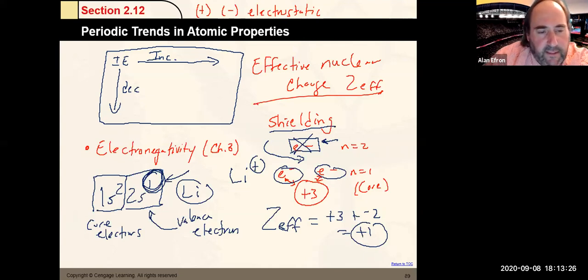Yeah, so typically it's usually those valence electrons that are being shielded. In reality, the ones below it are also being shielded a little bit by the ones in the level below them. So, for example, electrons in the first energy level shield the ones in the second, and those guys shield the ones in the third, and so forth.